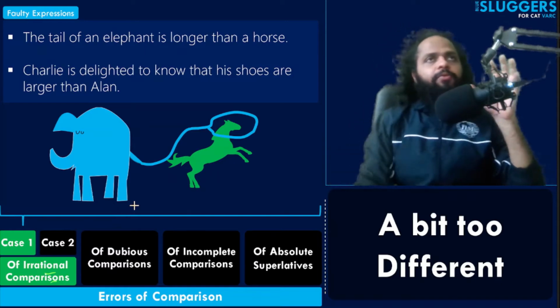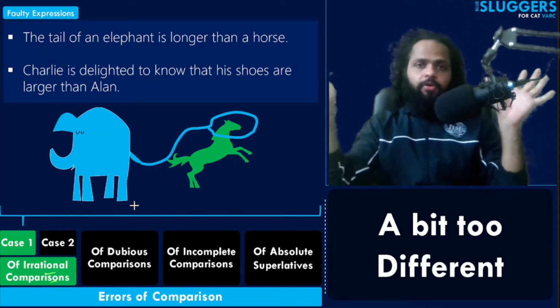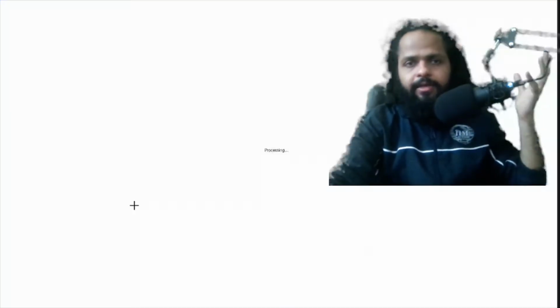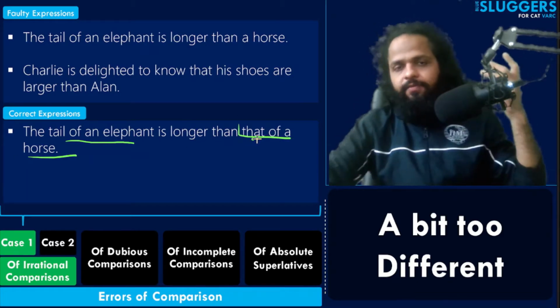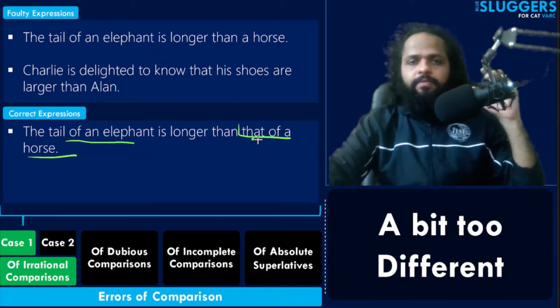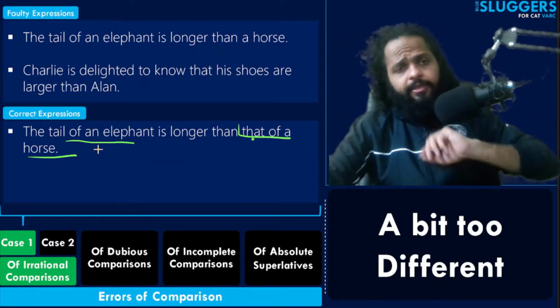Maybe what the writer wanted to convey was that the tail of an elephant is longer than the tail of a horse. Hence the correct way of phrasing this sentence would be: the tail of an elephant is longer than that of a horse. That of a horse means the tail of a horse, so that would be the correct expression here.